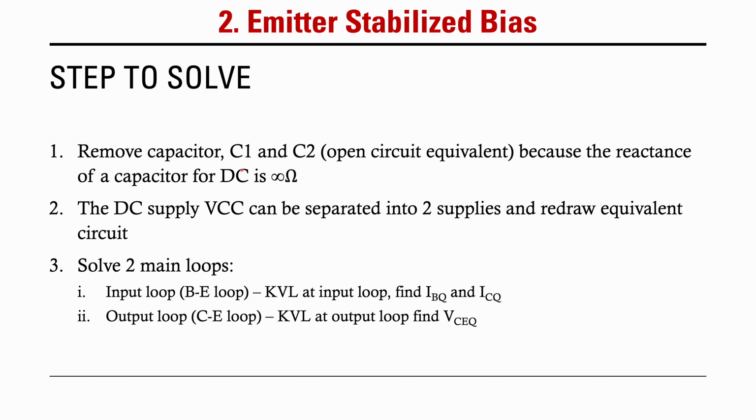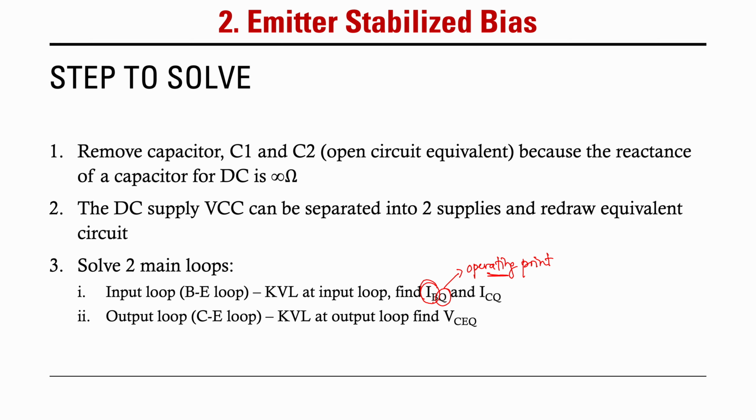So for the BE loop, you need to find the value of IBQ. Some of you might ask me, what does this Q mean? This Q means the operating point, meaning the value of the base current for that transistor to operate, when it is working.